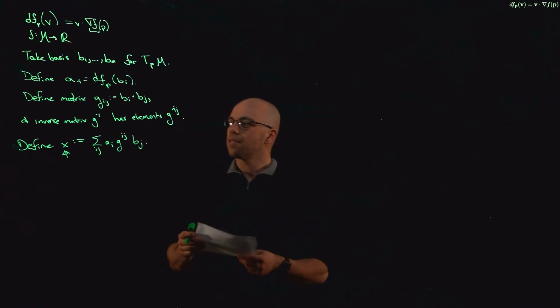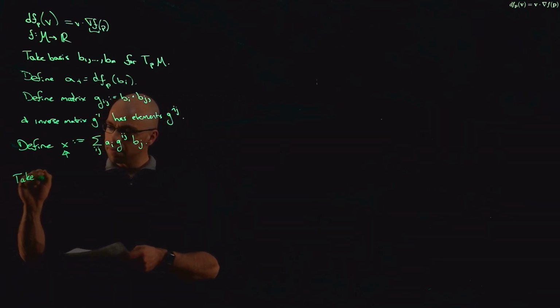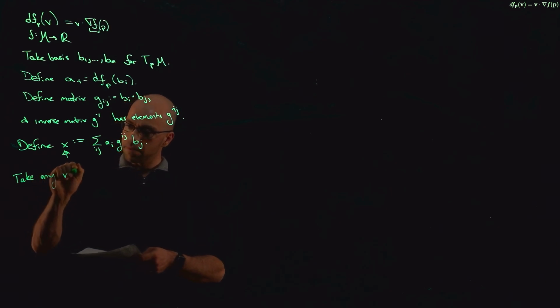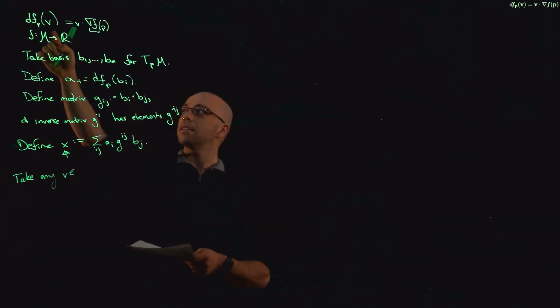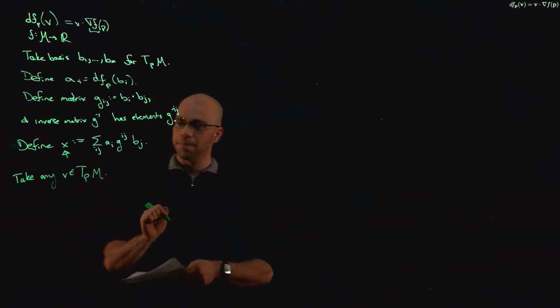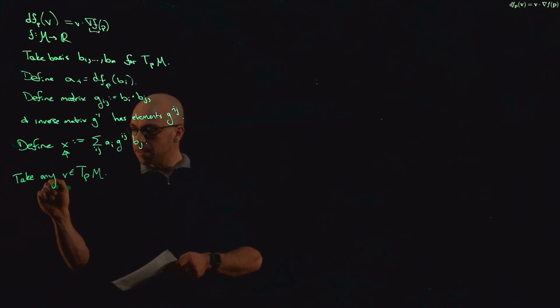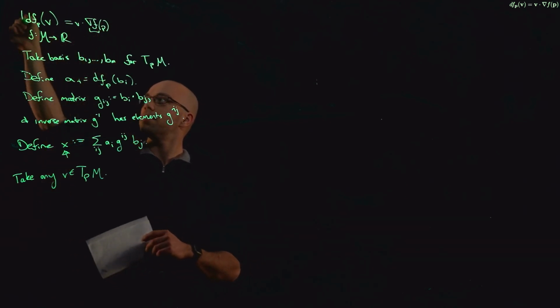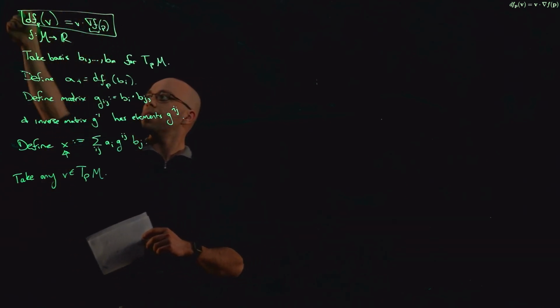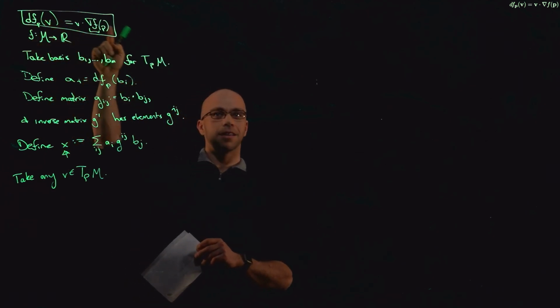Okay, so now we're going to take any v which is in the tangent space at P of our manifold M. Right, so what we need to show is this relationship here that I'll draw a little box around: that if we evaluate df on v, it is equal to v dot, in our case, x.